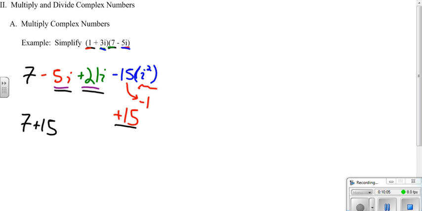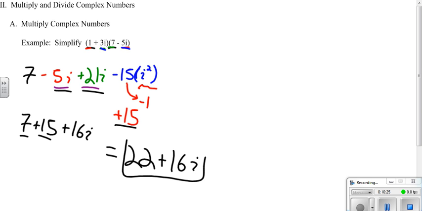Combining these like terms, we have 21i minus 5i, or negative 5i plus 21i, becomes a positive 16i. We're not quite done because we still need to combine these like terms, which leaves us with 22 plus 16i. And that would be our final answer there.